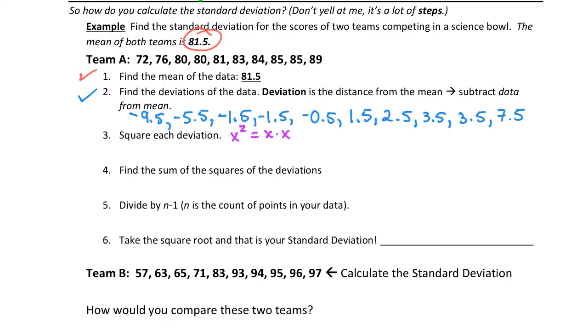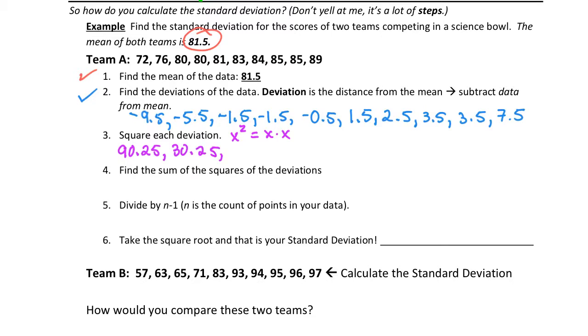As you recall, when you multiply 2 negative numbers together, they create a positive number. So let's do the first couple together. Negative 9.5 times negative 9.5 would be 90.25. Then negative 5.5 times negative 5.5 would be positive 30.25.